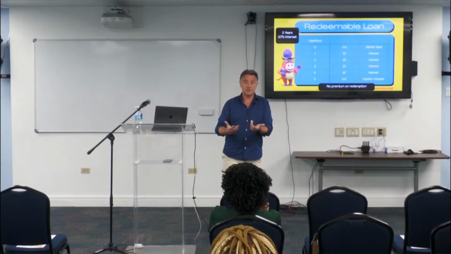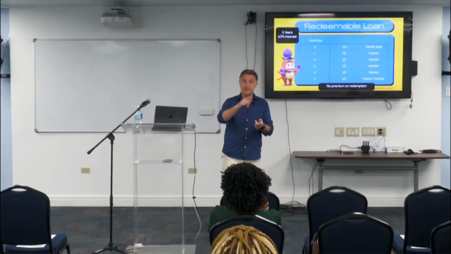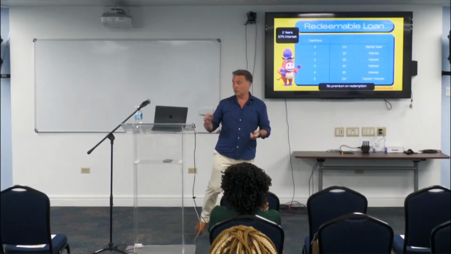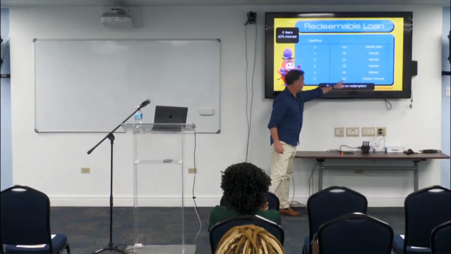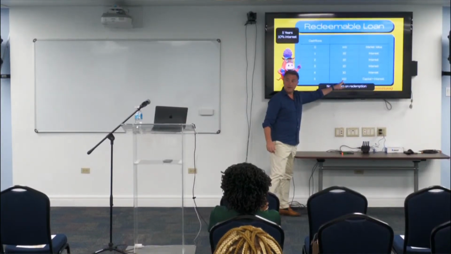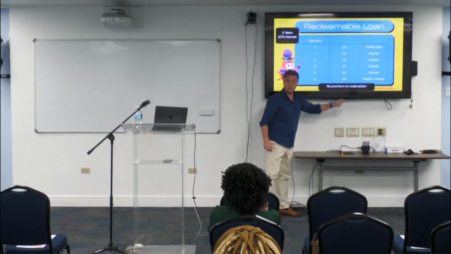How much are you going to give back then? 120, plus the 10 interest for year 5 as well. So you have 130. But in our question, it's 110 because 100 is the capital you're paying back, 10 is the interest, and there's no premium on redemption.